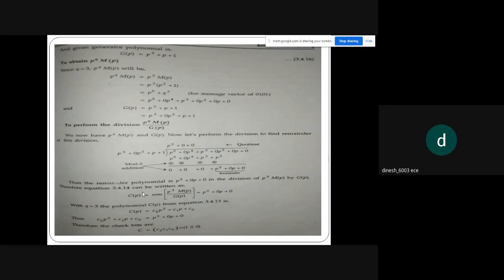When we expand that, the check bits will be p square plus 0p plus 0. Or we can write in the place of c2 it is 1, in the place of c1 it is 0, in the place of c0 it is 0. So this is how to find the check bits for a systematic cyclic code. So the systematic cyclic code will have the check bits c2 c1 c0 as 1 0 0 for the message vector 0101.